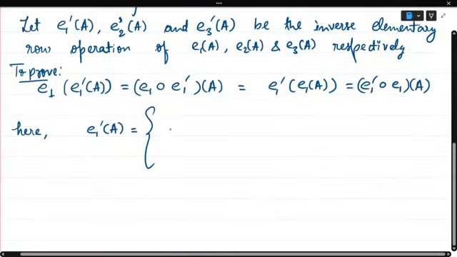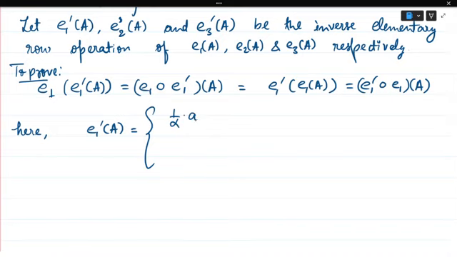Here it will be a reciprocal, meaning the multiplicative inverse of alpha, given by 1 by alpha, so 1 by alpha of Asj when i is equal to s, right? And in a similar manner, Aij as it is when i is not equal to s.